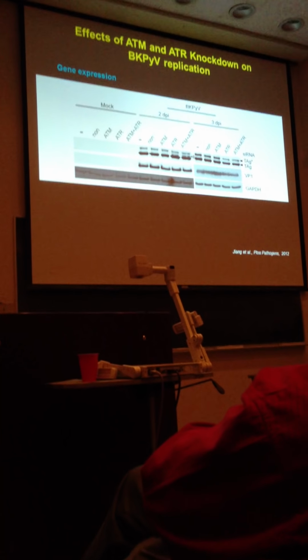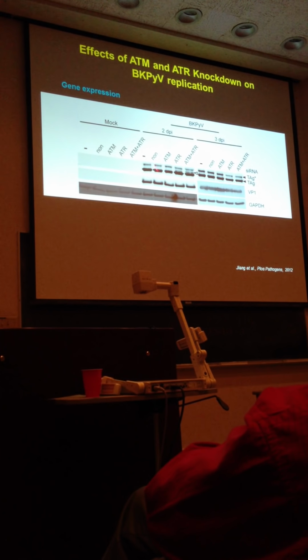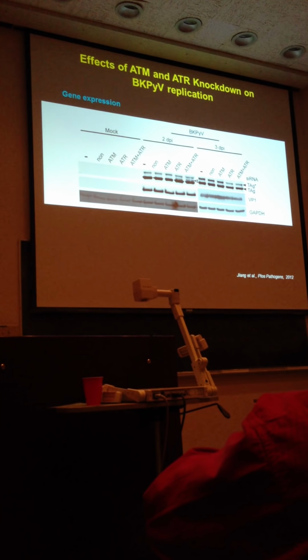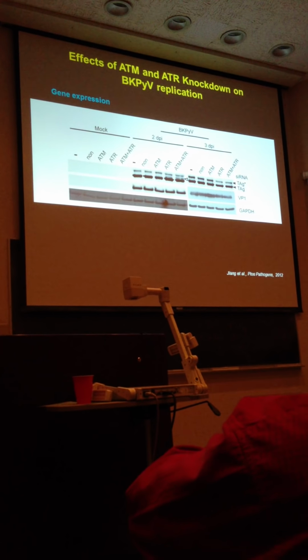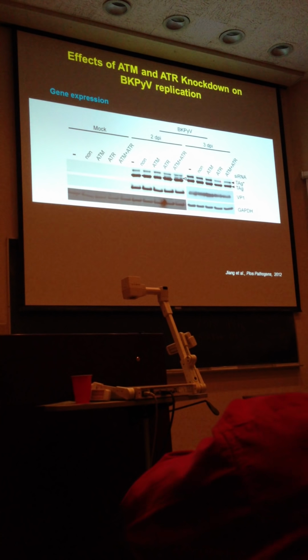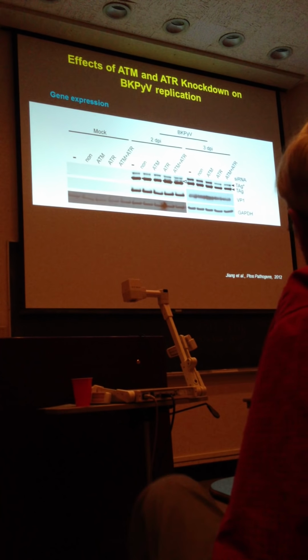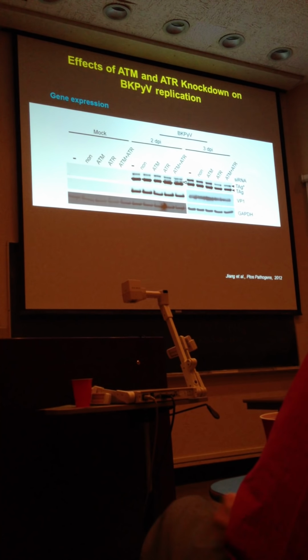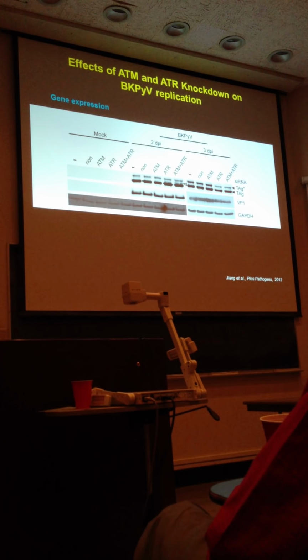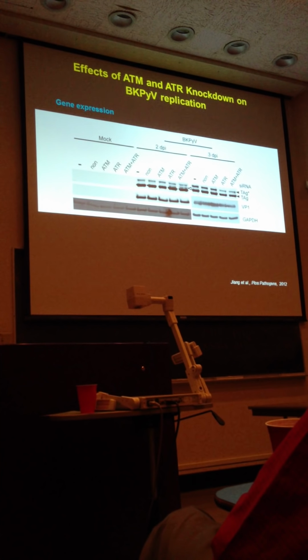What we found is that, again, with ATM knockdown, nothing seems to be happening with at least large T expression. But with the ATR knockdown, or when both were knocked down, there is a top band that we usually see when we run T antigen Western blots, which we denote as T antigen star. That seems to get reduced whenever ATR is knocked down.